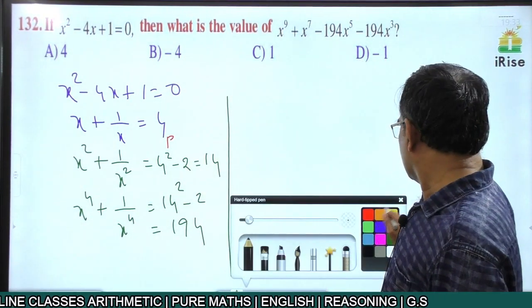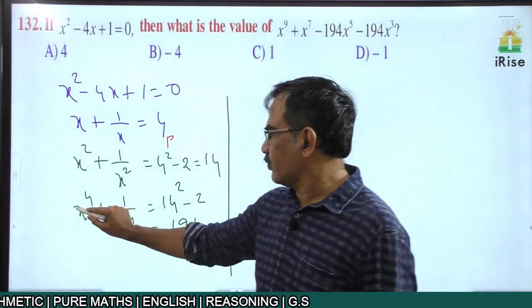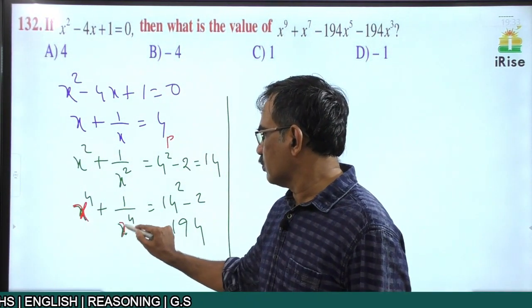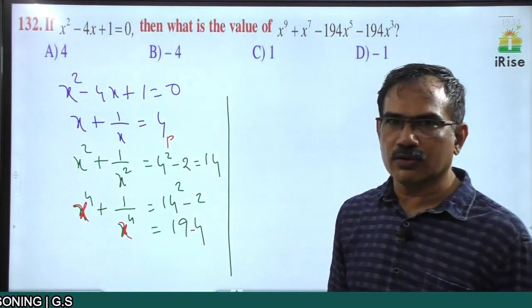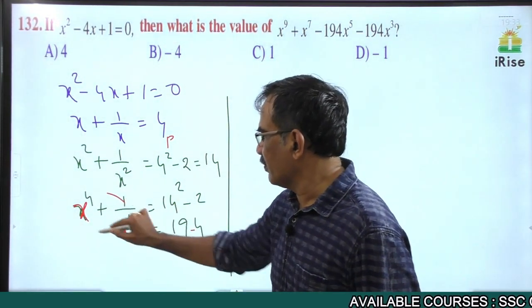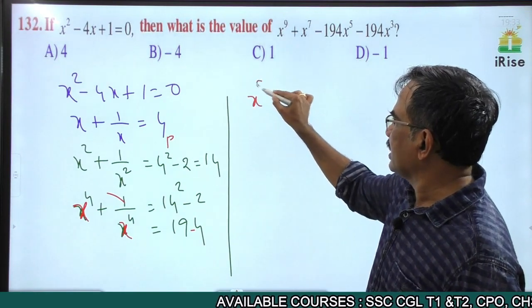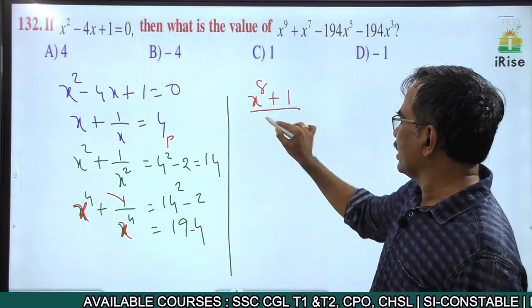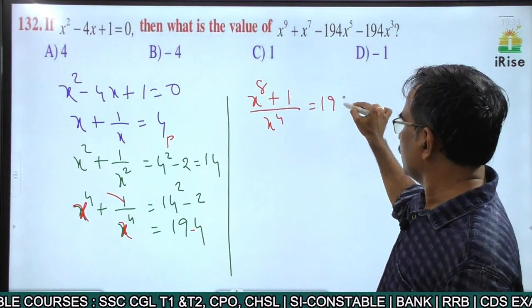So if x power 4 plus 1 by x power 4 is 194, then simplify here, we get x power 8 plus 1 by x power 4 is equal to 194.